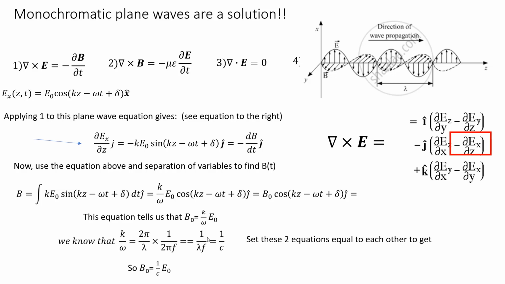So k over omega is actually equal to 1 over the speed of light. Now I'm going to substitute 1 over c for k over omega, and I get that the amplitude of the magnetic field is equal to 1 over c times the amplitude of the electric field, which says that the amplitude of the magnetic field is really small compared to the electric field.